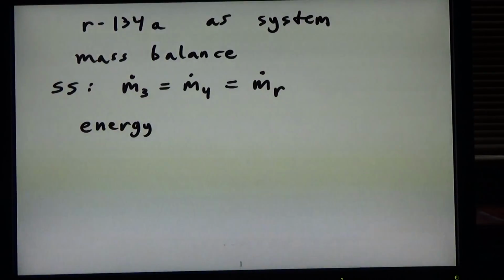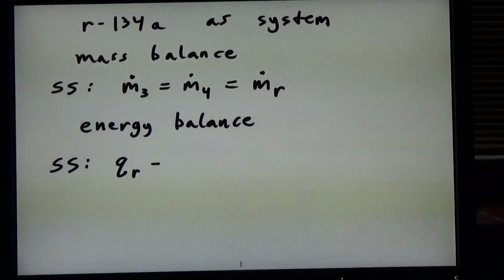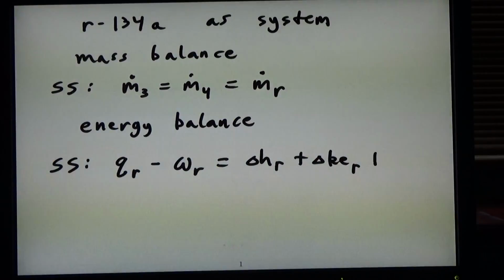Then for the energy balance, we can write Q to the refrigerant minus W is equal to delta H, delta KE, and delta PE. Similar assumptions for the refrigerant as water: kinetic energy, potential energy, and work are negligible.